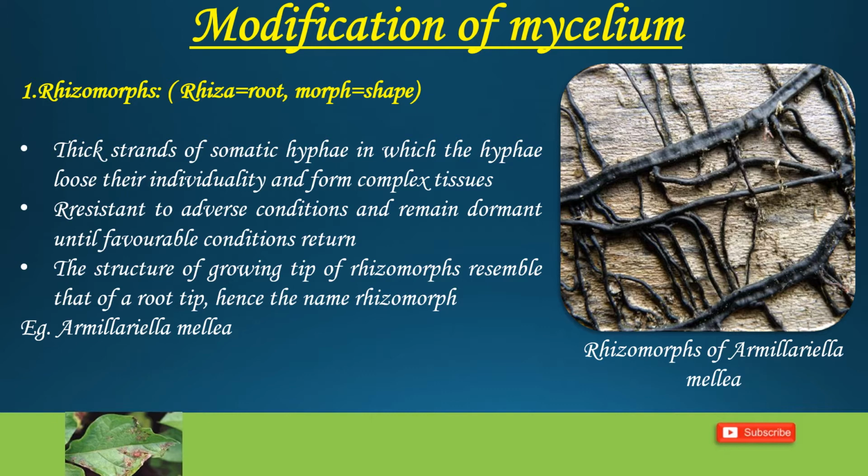Its name, rhizomorph, came because it resembles a root tip in its growing nature. These rhizomorphs are found in Armillariella mellea. Here in this picture, we can observe the rhizomorphs of Armillariella mellea, where the individual hyphae lose individuality and form a thick strand-like structure.